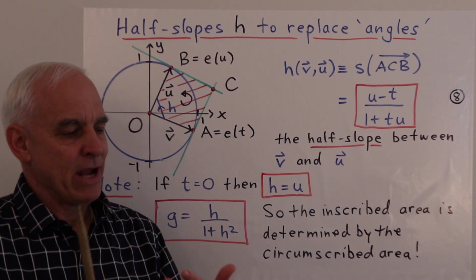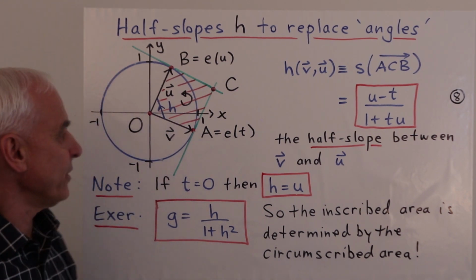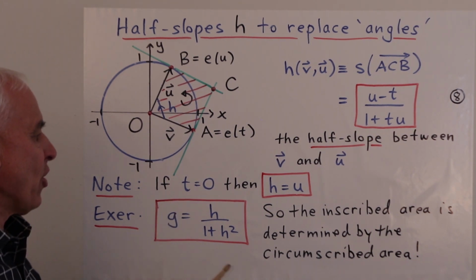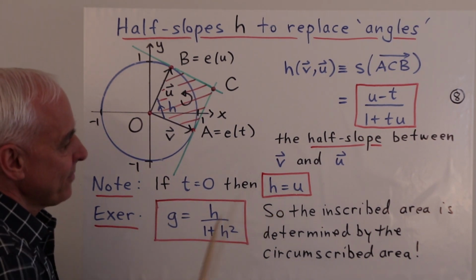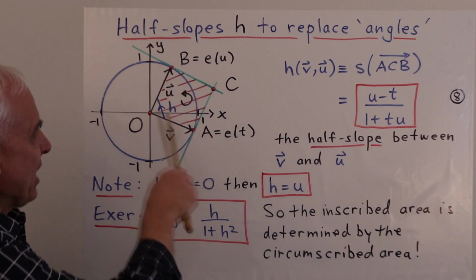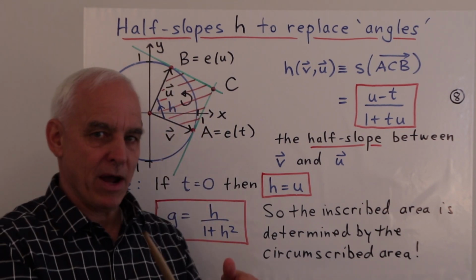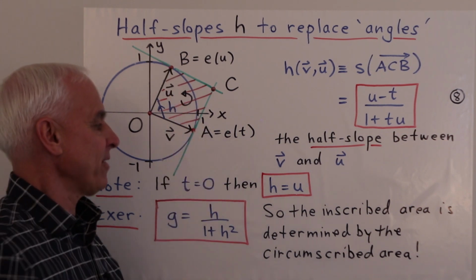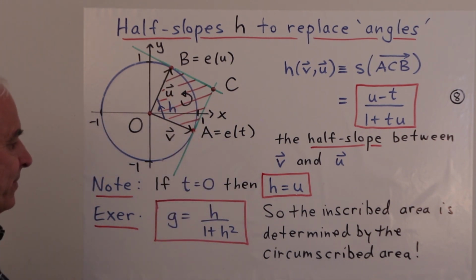This gives us a geometrical interpretation of what this parameter u actually denotes. Another way of thinking about it is it's the signed area of the quadrilateral formed by the point 1, 0 and whatever point we're interested in.